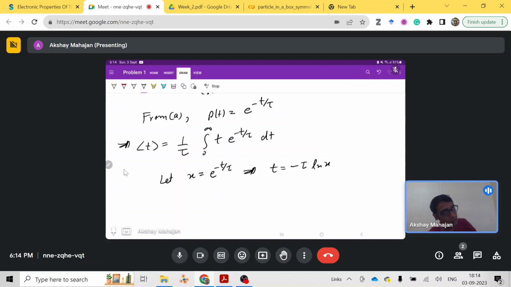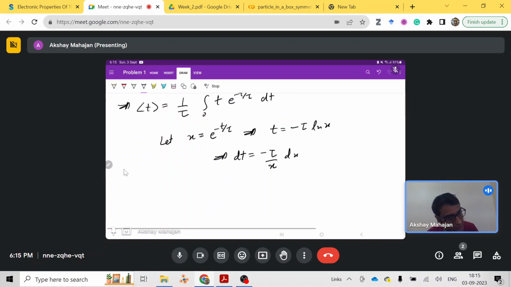Thus I can write t equals minus tau times ln of x, and then taking the differentiation, dt equals minus tau by x dx.